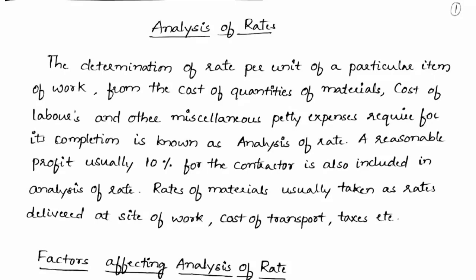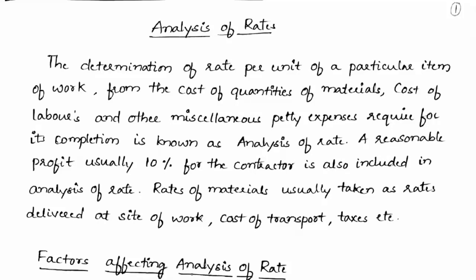That rate is inclusive of all the material charges, labor charges, and transportation charges. So for one unit, it will cost you around 15,000 or 20,000. That is the unit rate of an item. One mobile rate is 15,000, for example.